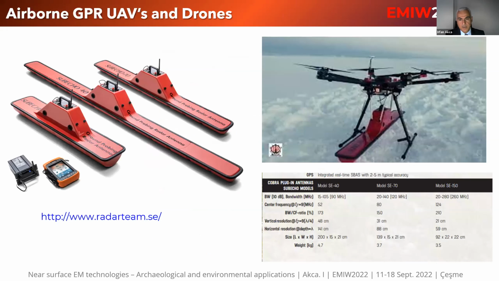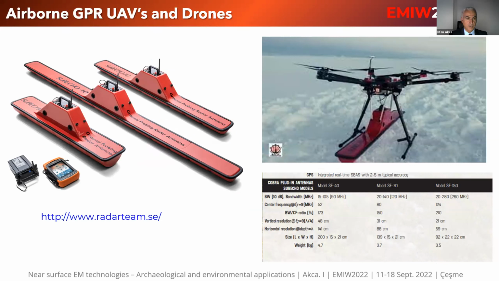In the second part, the second type of equipment, the approach is mounting a ground GPR antenna to a drone. This is that example. Some radar antennas are mounted on a carrier and applied to explore the subsurface.